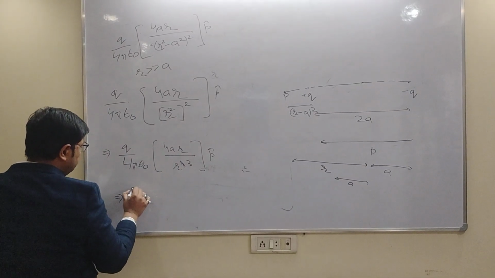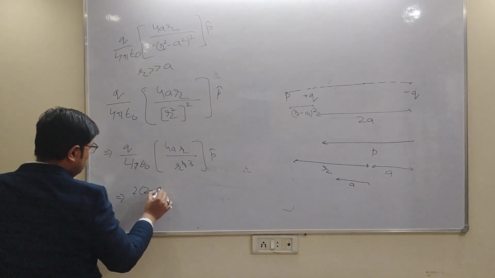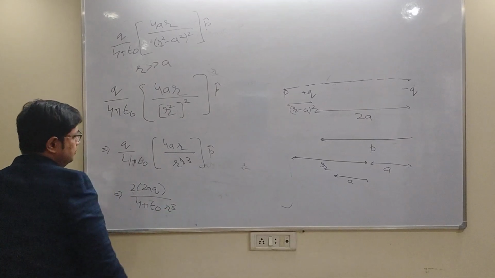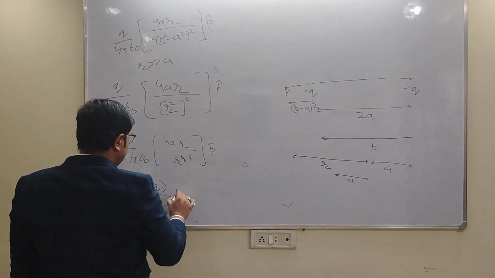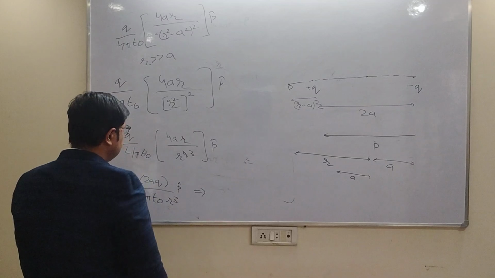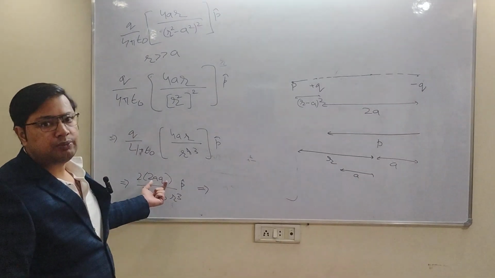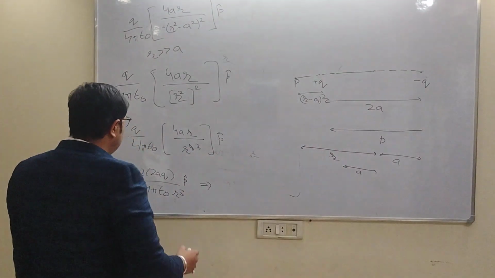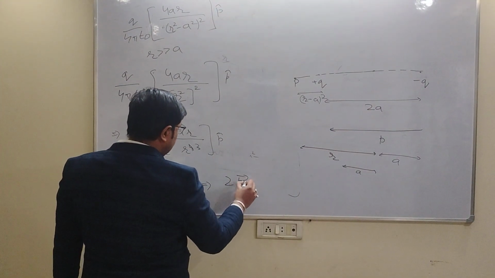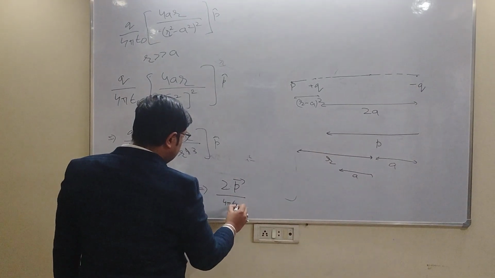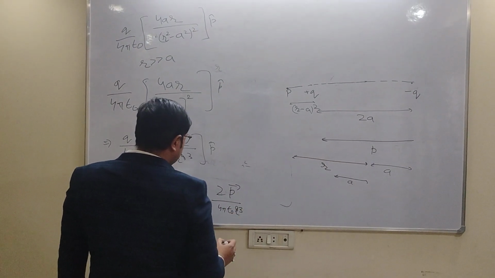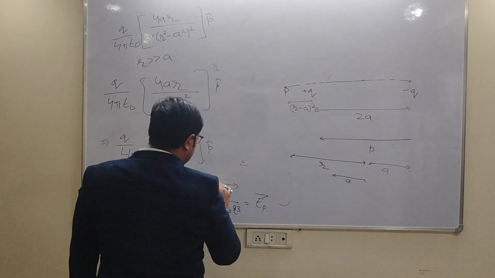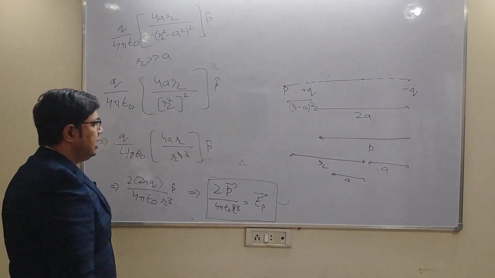So this becomes 2 times 2aq over 4 pi epsilon naught r cube times p vector, which we can write as, because 2a times q is nothing but the magnitude of the dipole moment p, 2p over 4 pi epsilon naught r cube. Okay, so this is what E at P due to a dipole.